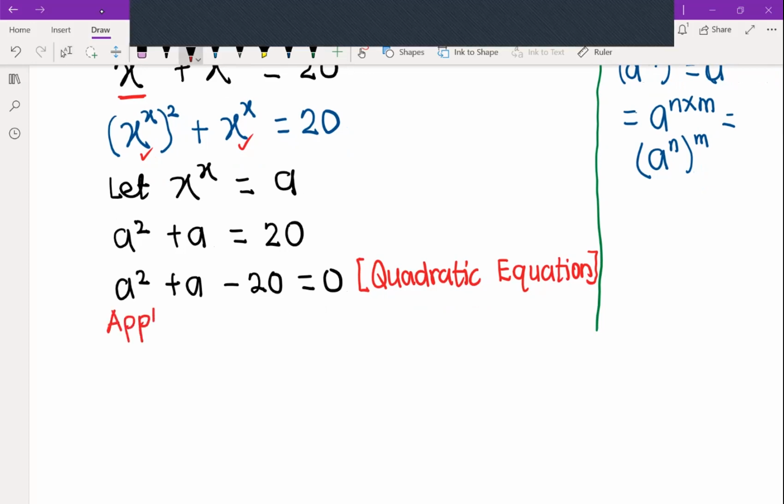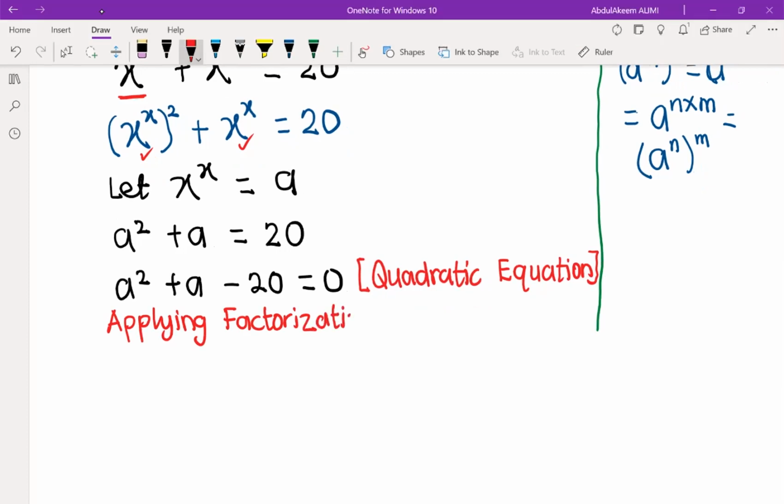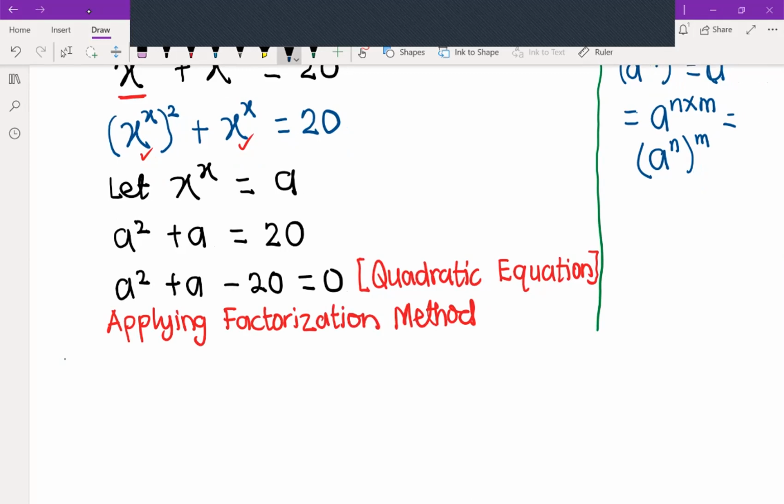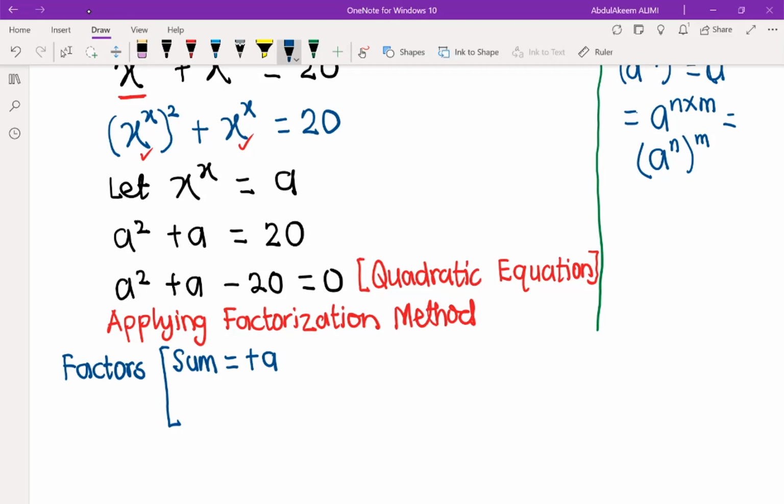Applying the factorization method, what will I do first? I will look for the factors whereby the sum gives us plus a, while the product gives us minus 20 times a square, that is minus 20a square.